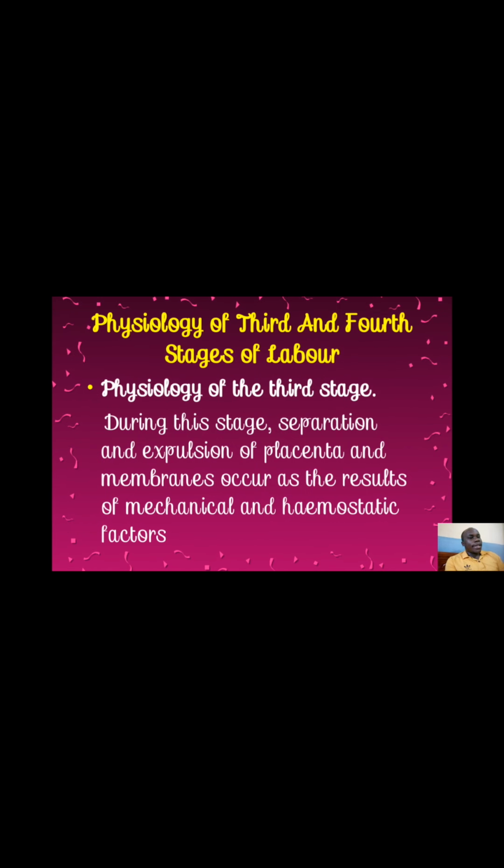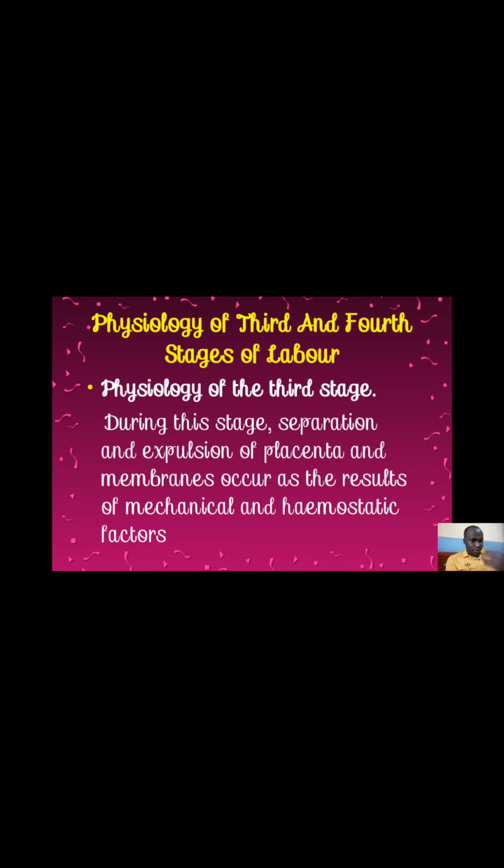Physiology of third and fourth stage of labor. Physiology of third stage. During this stage, separation and expulsion of the placenta and the membrane occur as a result of mechanical and hemostatic factors. Wakati wa third stage of labor, tumeanza na physiology of third stage of labor. Wakati huu placenta na membranes zina separate, na zikishaseparate zinatolewa nje.